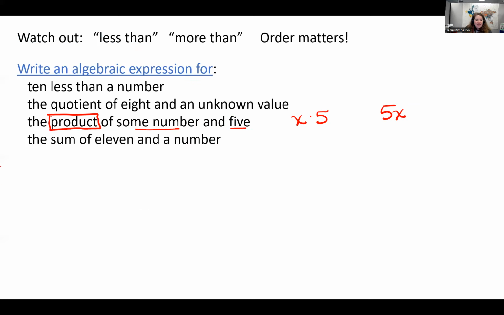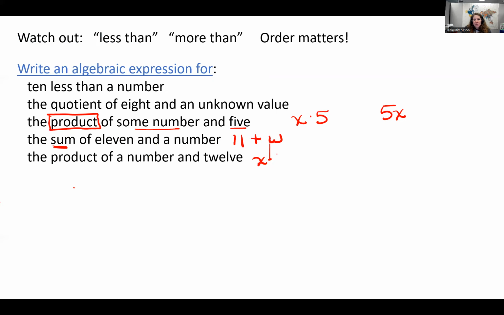All right, the sum of 11 and a number. Sum is addition, so 11 and a number. And I know I'm writing x's a lot, but you can literally write any letter in the alphabet. The product of a number and 12. So either I could write x times 12, or since it's a number times a variable, almost always it's going to be written like this, 12x.